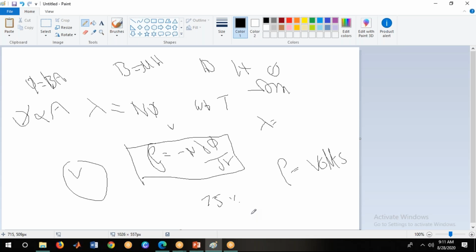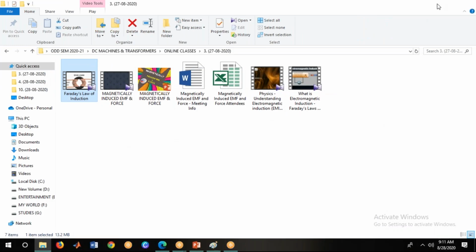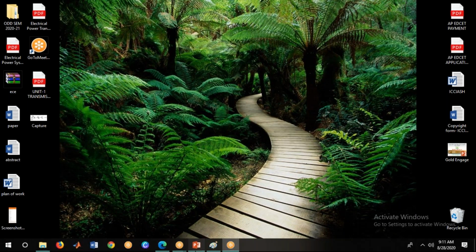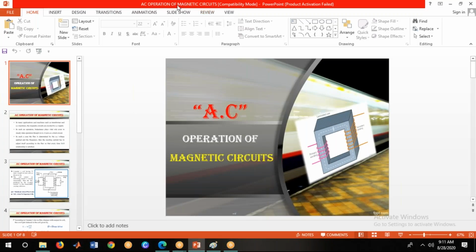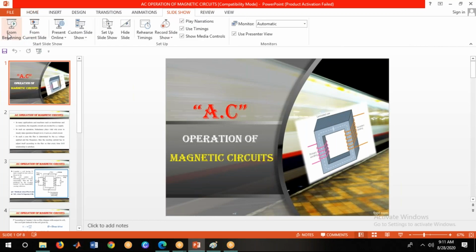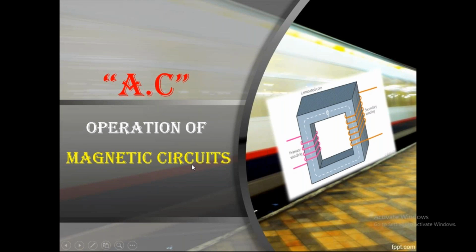If the device is run by the AC supply, what will happen? So this is our topic today: AC operation of magnetic circuit.